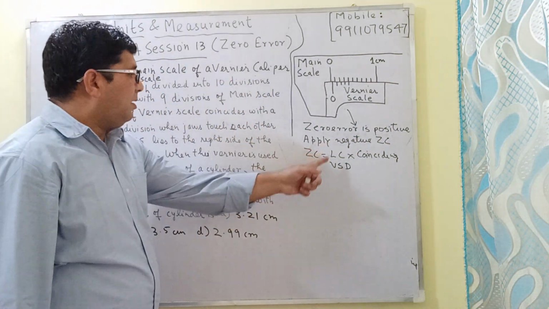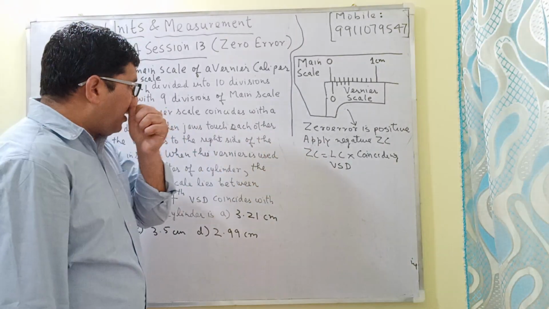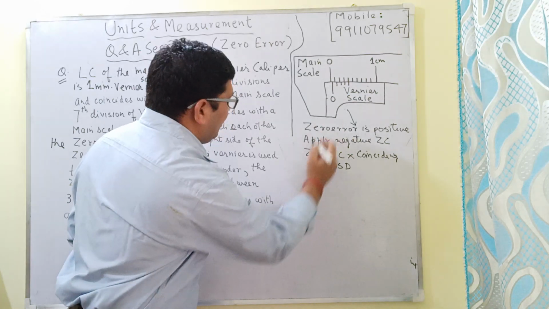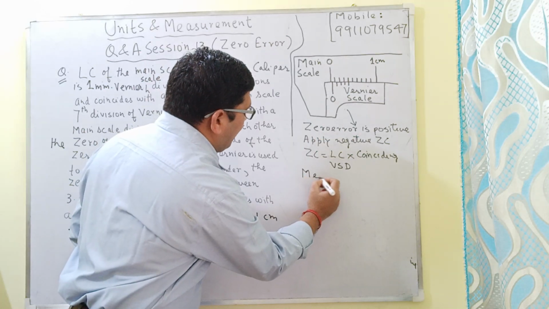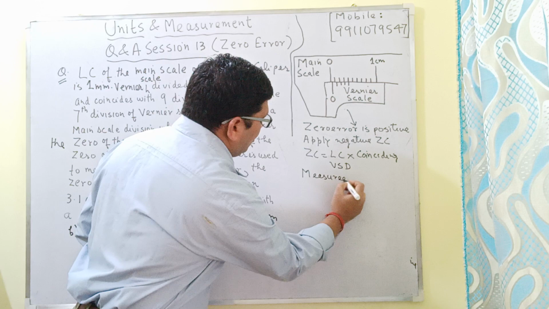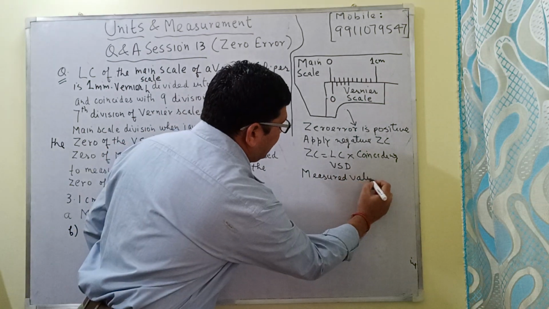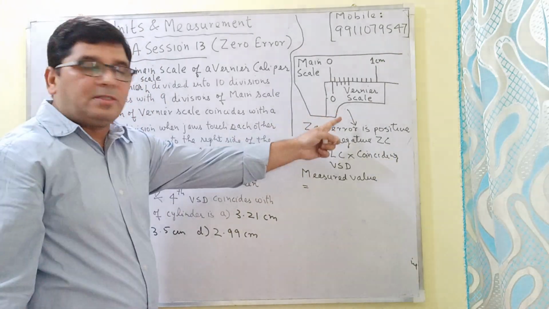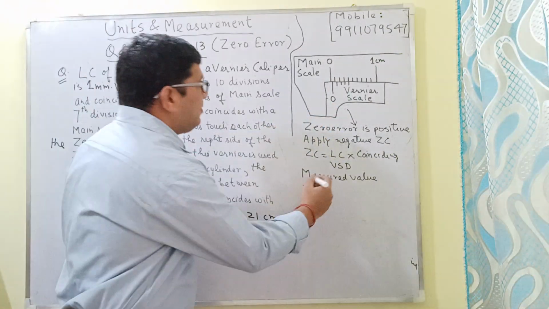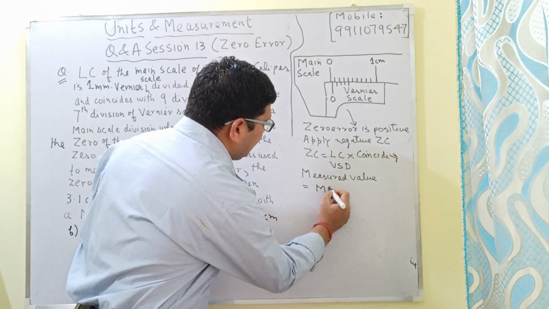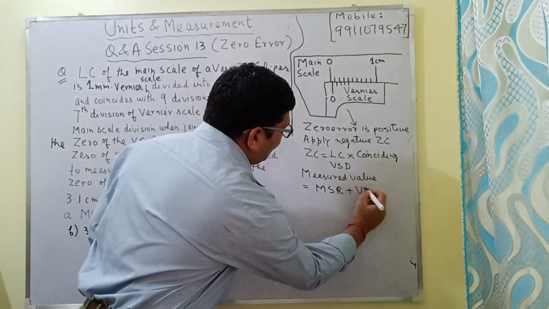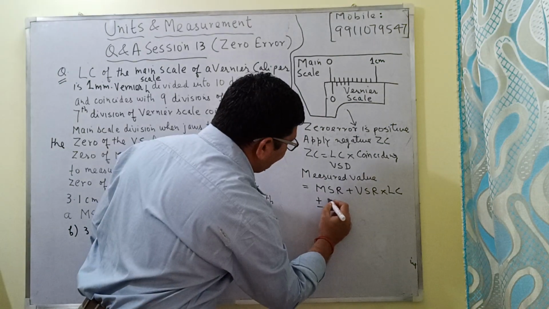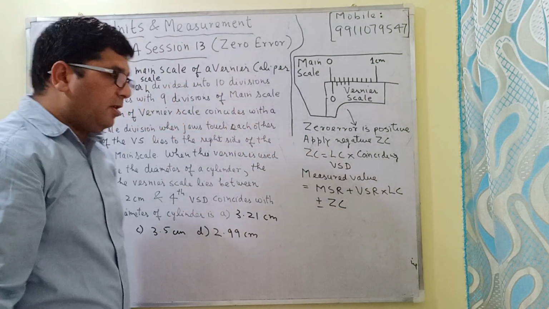Now what is zero correction? In order to understand it, I will write one formula, the measured value in case of a vernier caliper. The measured value when we are taking the measurement with the help of a vernier caliper is equal to main scale reading plus vernier scale reading into least count plus minus zero correction.